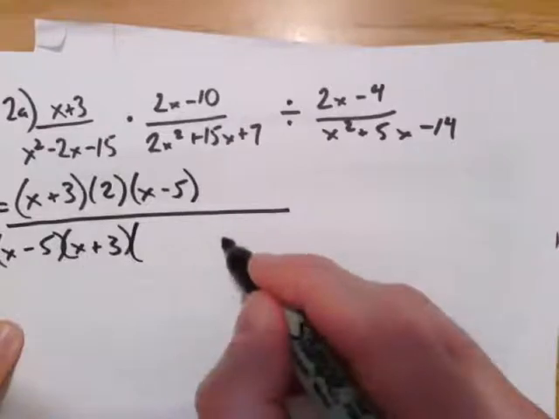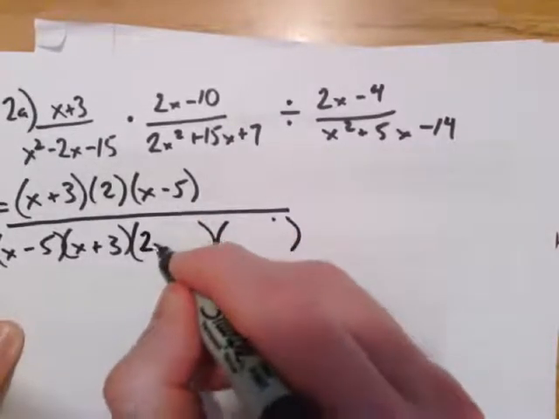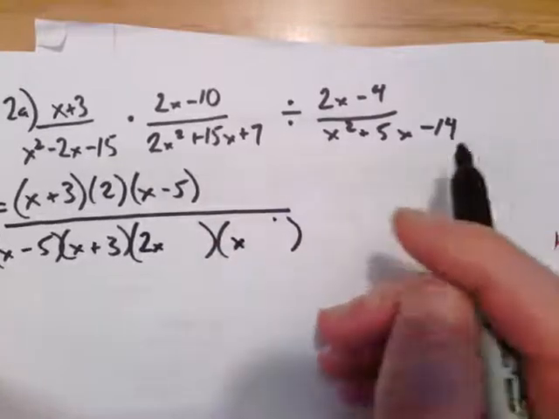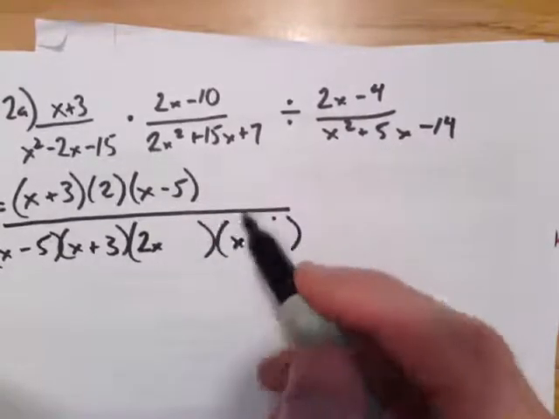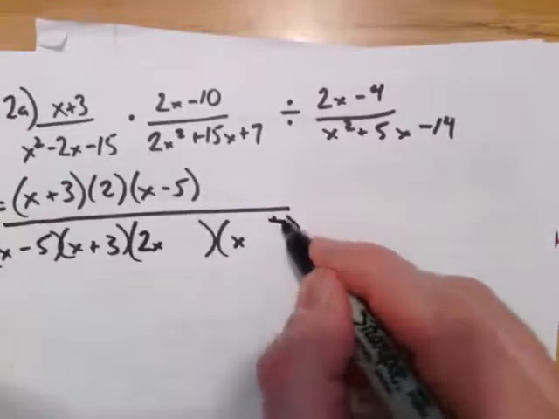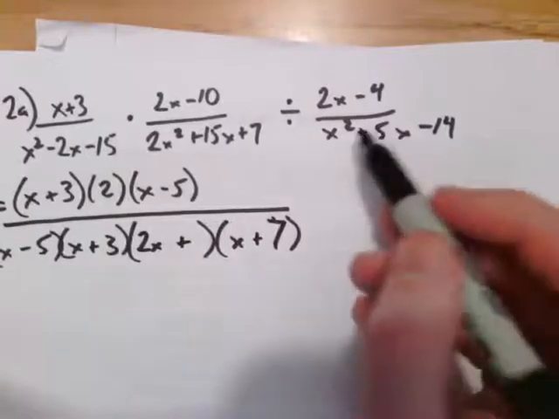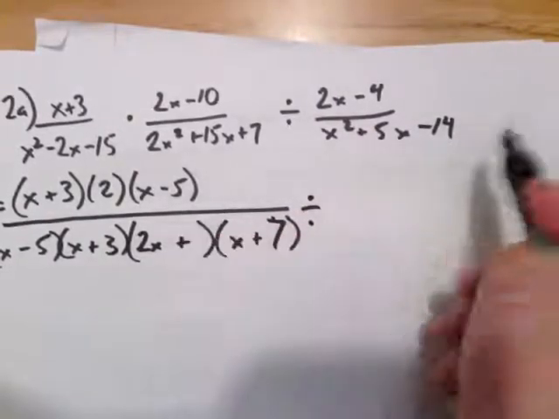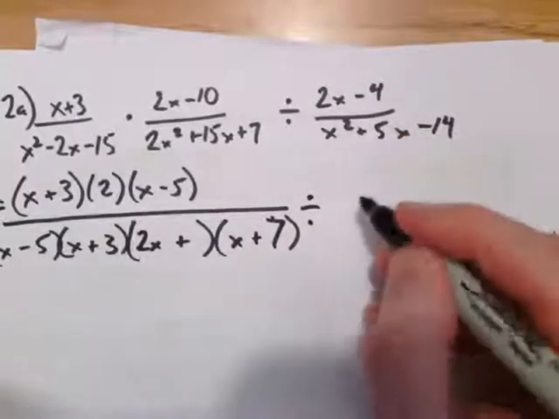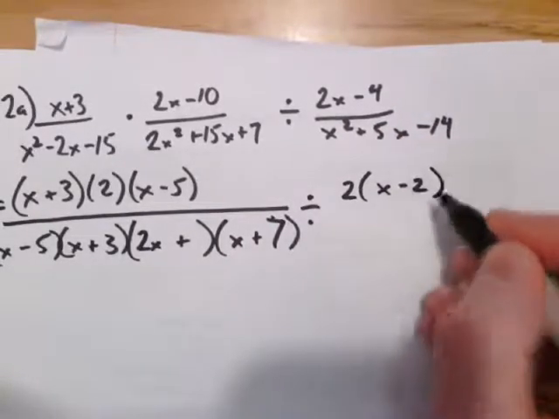On the bottom, 2x, x has to equal 7. So it's 2 times 7. Oh, it's all positive. There you go. And then over here, divided by. I'm going to leave the divided by for now. I'm not going to jump it all in because I want to factor first. I don't want to do too many steps at once. 2 times x minus 2.